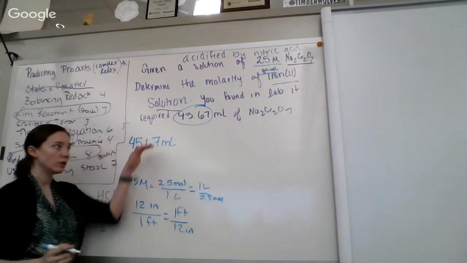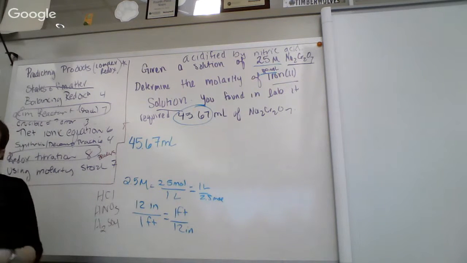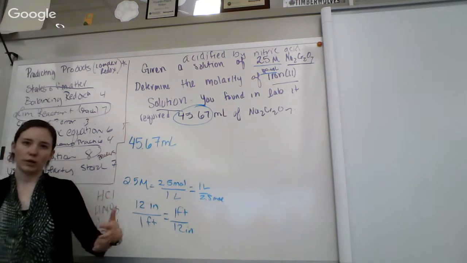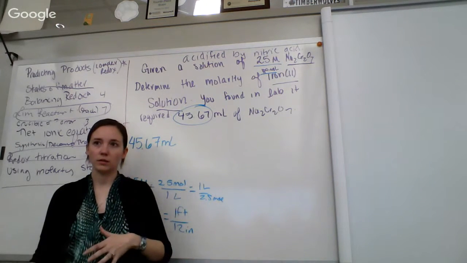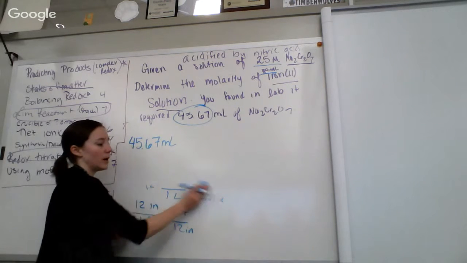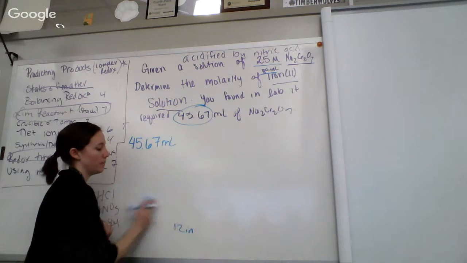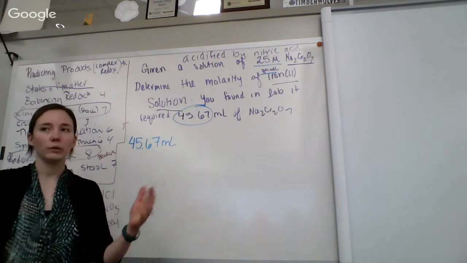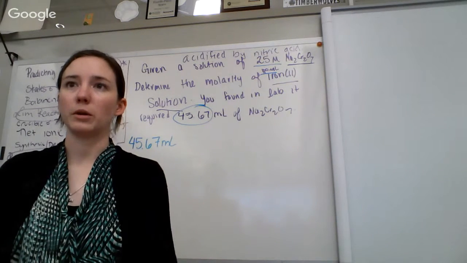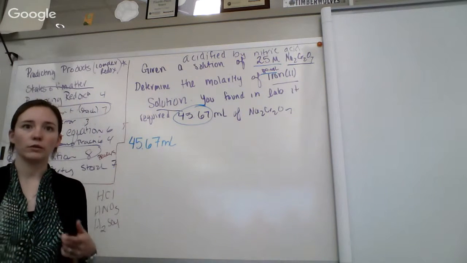This is just a tool that I can use in my charts as I need to set it up so that I can switch between the units that I want. Does that make sense? I could do that with anything that I have units of. Kilometers per second, miles per hour. Later in the year, we're going to do lots of different conversions, and we want to make sure we have those. So far, so good?